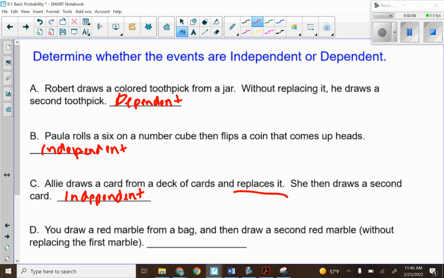So my first draw is not affecting my second draw. You draw a red marble from a bag and then draw a second red marble without replacing the first. This is dependent, and the key there is the without replacing. Because I've taken that first red marble, that affects me grabbing out another red marble.